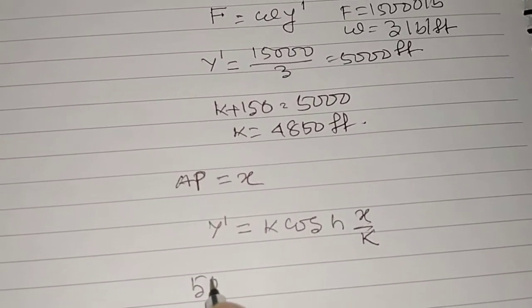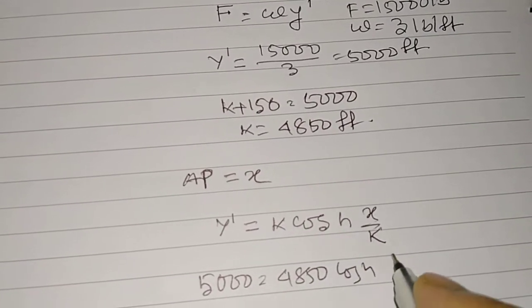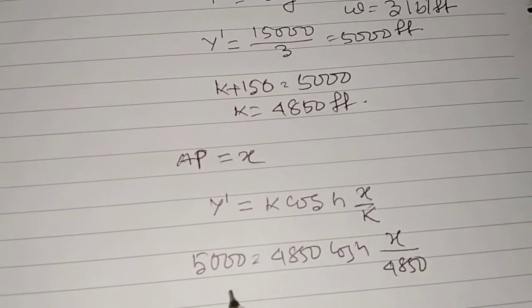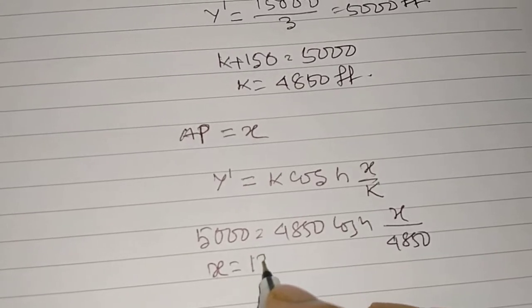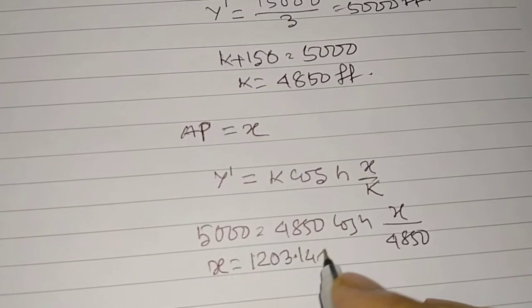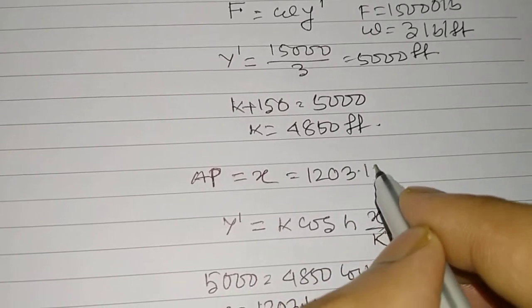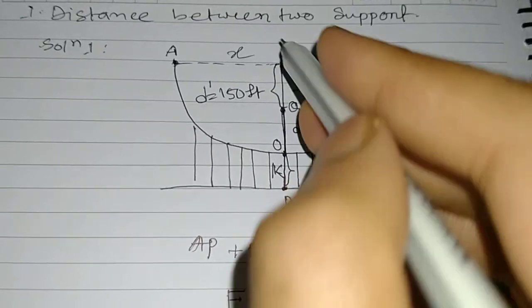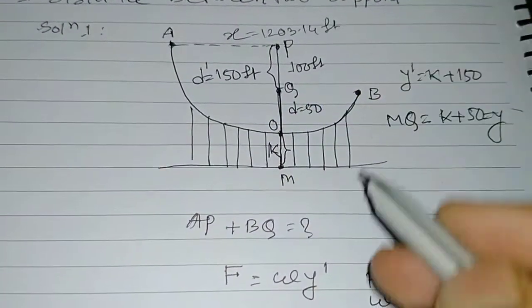So we will put the values here. With k equal to 4850, x equals 1203.14 feet. So guys, this distance from A to P is equal to 1203.14 feet.